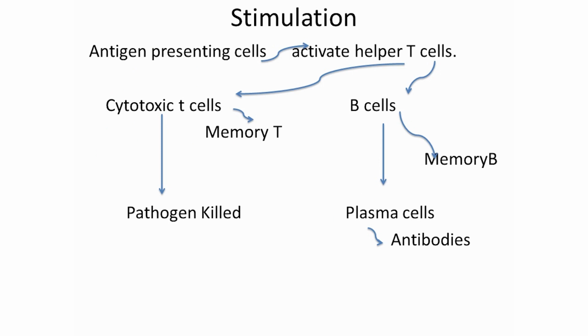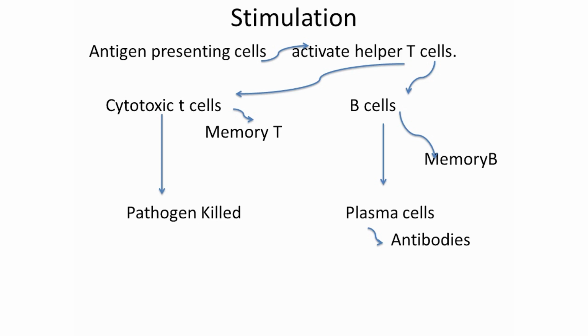Now this is the slide about how these cells get stimulated and what is the chronology. So first of all, there is a role of antigen presenting cells. They are going to activate the helper T cells, that is CD4, and the fate of this activation is they will activate B cells.